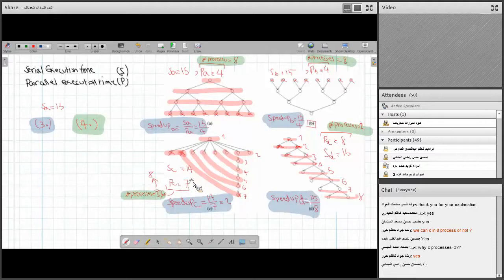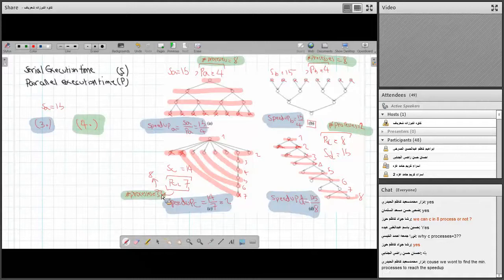It is the minimum number of processes that results in this parallel execution time. Why 3? Because for the last part, which is here, 3 tasks remained to be done.